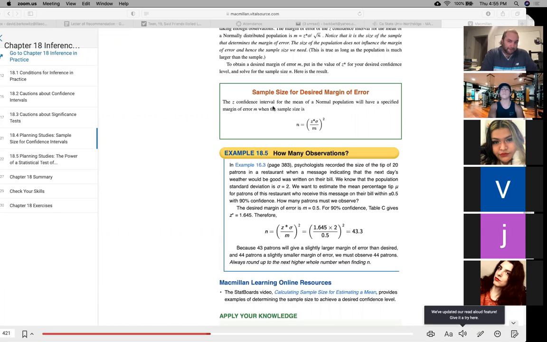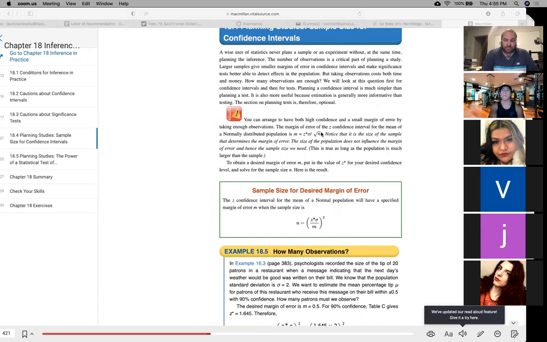Yes. Because if n gets smaller, if my denominator gets smaller, the fraction as a whole gets larger, right? So n goes down, margin of error goes up. But I want a smaller margin of error, not a bigger margin of error. So to get a smaller margin of error, I can make n larger.